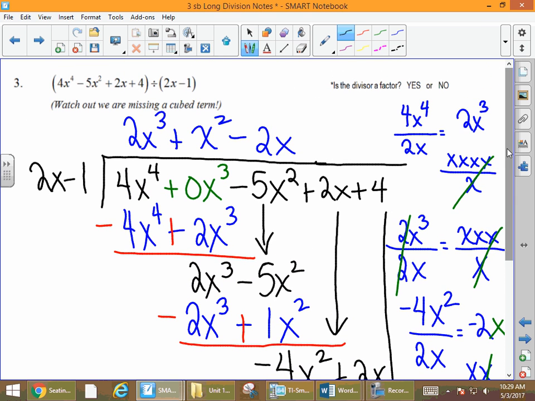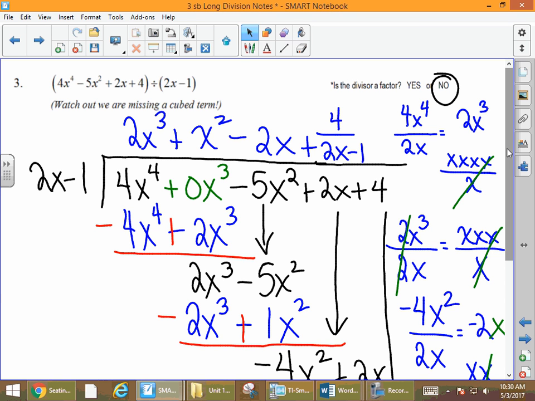So our remainder up here is going to be plus 4 divided by 2x minus 1, coming from the divisor. Is our divisor a factor? No, because we ended up with 4 and not 0, it is a no.